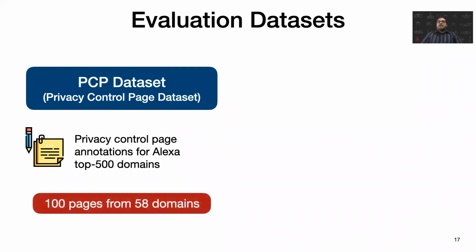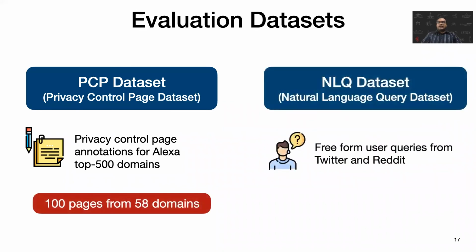The second set we curated is the natural language query dataset, in which we extracted free-form user queries about privacy settings from Twitter and Reddit. This is used to evaluate the search interface that we have. In this dataset, we have 135 queries corresponding to the settings from 15 domains in our PCP set.